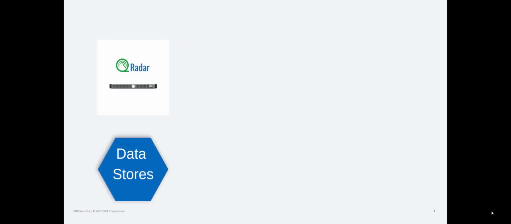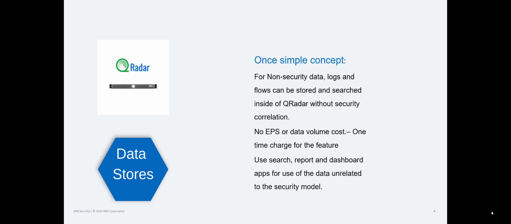Okay, so using a QRadar, I can use something called data stores. Data stores is a license that I can put on a QRadar of any size. What this means is any excess capacity not in use by your security logs can be used for non-security logs.